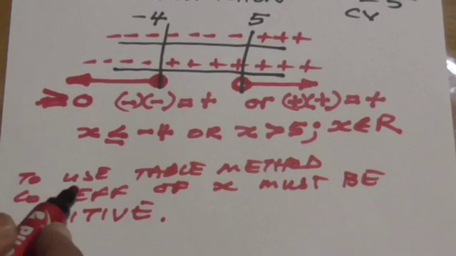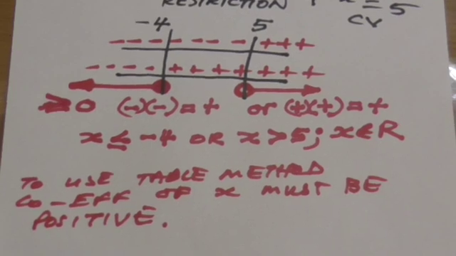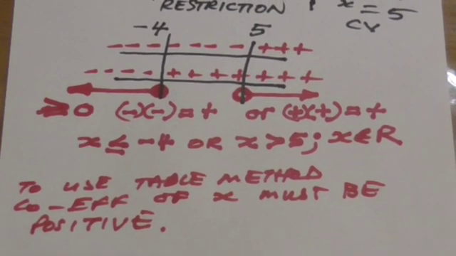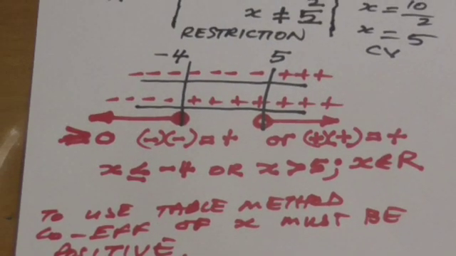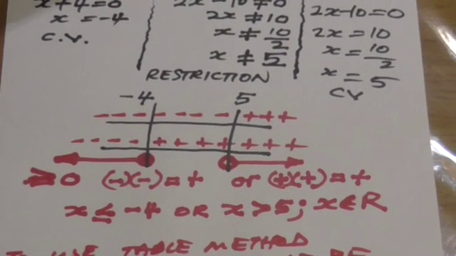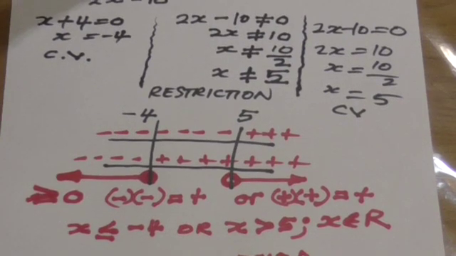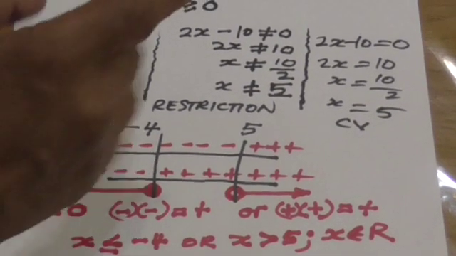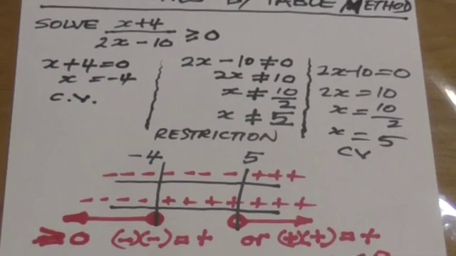So in the next one, we will do an example where the coefficient is not positive to see how we handle that question. But if the coefficient of x is positive, no problem, proceed as is. And we have found the answer.